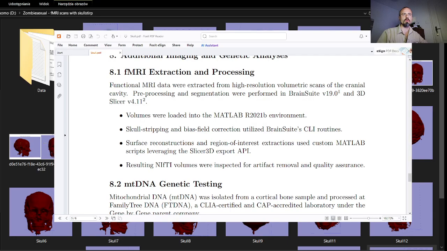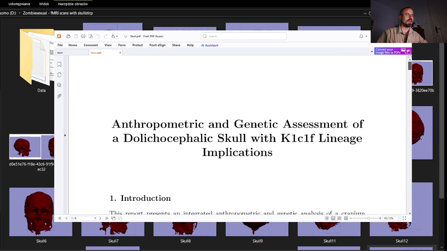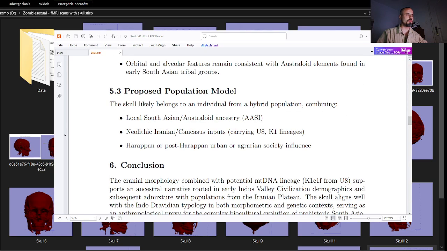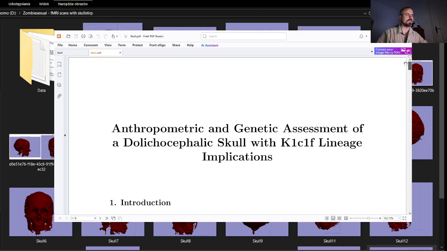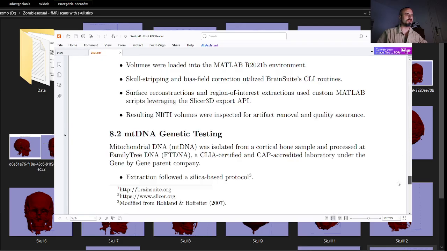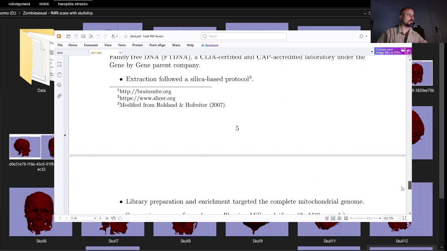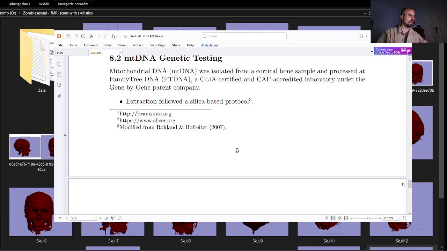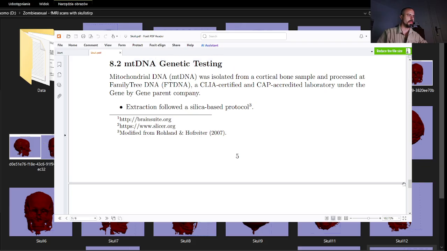Well, I gave those files and all the information available for processing to ChatGPT, combining it with the mtDNA or mitochondrial DNA lineages that were extracted and processed by Family Tree DNA, with the CLIA certified and CAP accredited laboratory in Houston, Texas in the US some years ago.